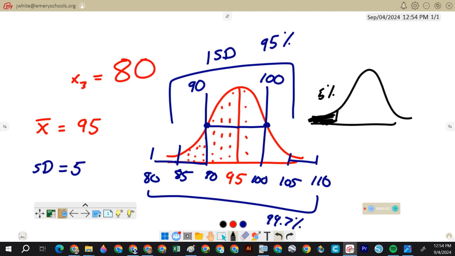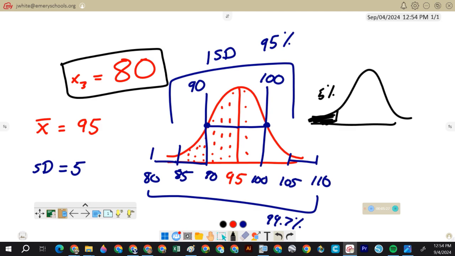So what is the z-score for 80? Well, we need to figure out how far away from the average is 80. So how far from 95 is 80? 15. And it's actually 15 points lower. So I'm going to say it's negative 15, right?